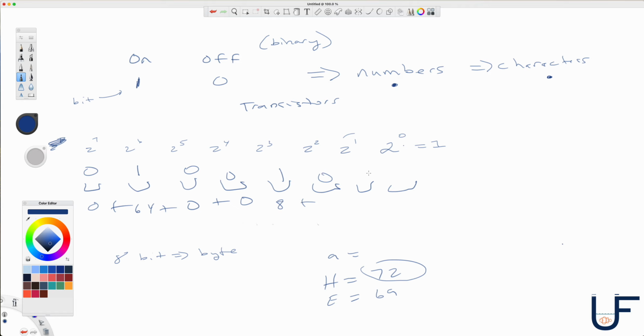And then I don't need the rest, so I'm going to set the rest to off, right? So this number now in binary is equal to 64 plus 8, which is equal to 72. So 0, 1, 0, 0, 1, 0, 0, 0 is equal to 72, which is equal to the letter H, right?